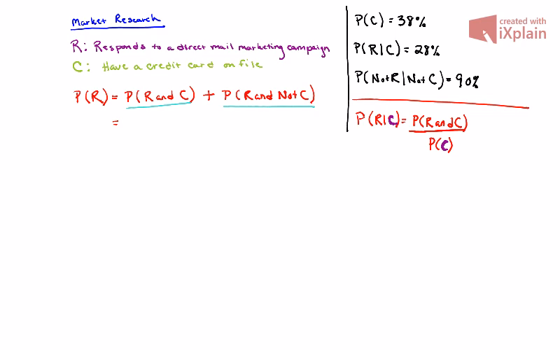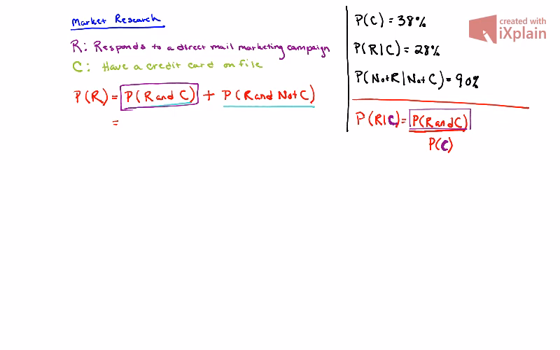That being said, I'm more interested in figuring out the probability of R and C, so I'm going to create an equivalent statement here. With what I have boxed, the probability of R and C, notice that that same probability is located right here in the numerator of my definition.